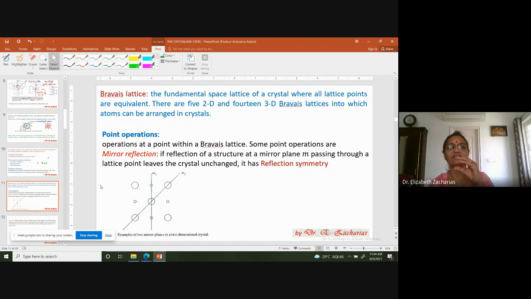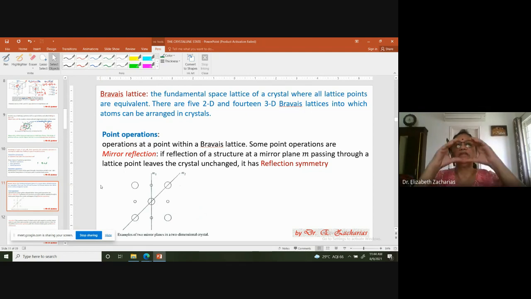So a Bravais lattice is a fundamental space lattice of a crystal where all the lattice points involved are going to be identical. They have the same basis. There are some things called non-Bravais lattice also. In non-Bravais lattice, all the lattice points are not equivalent. There can be some basis in some lattice points and there can be some other basis in some other lattice points. I hope you understood what's the Bravais lattice now.